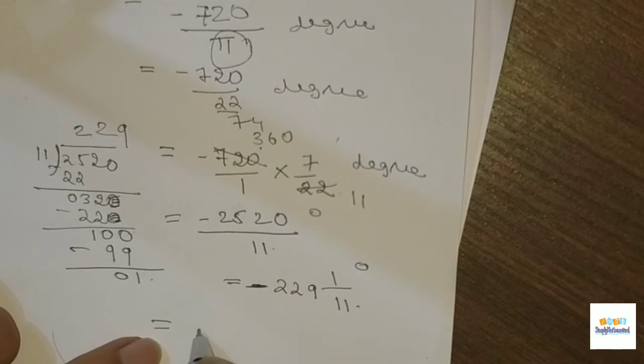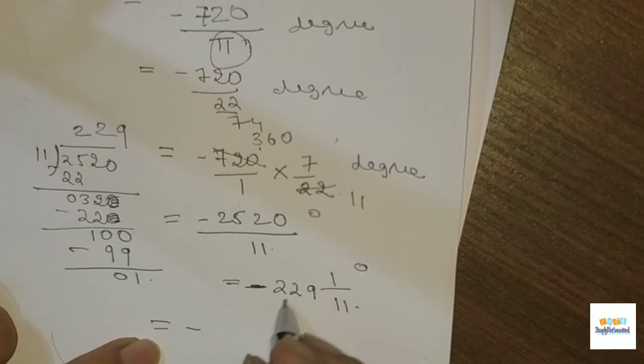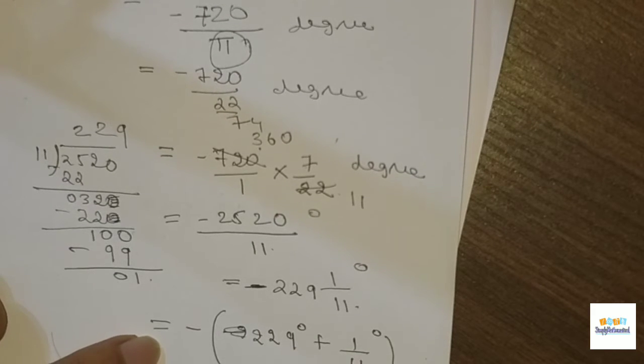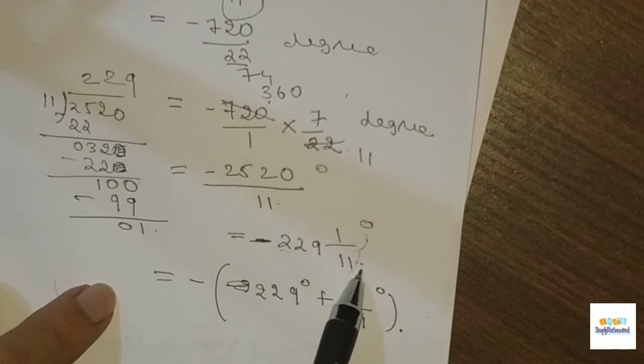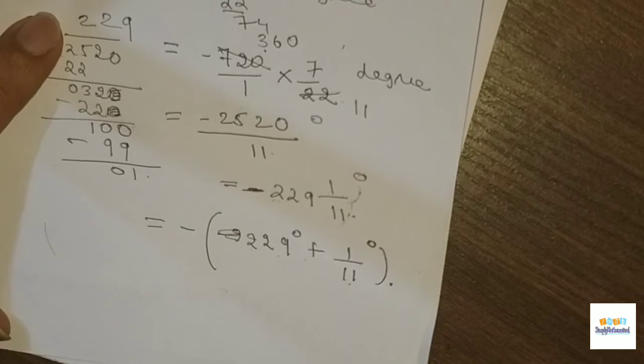If you take the minus sign out, minus 229 degree plus 1 by 11 degree, because this is just the fractional part of this mixed fraction. Now this is in degrees, and we have to convert it into minutes.